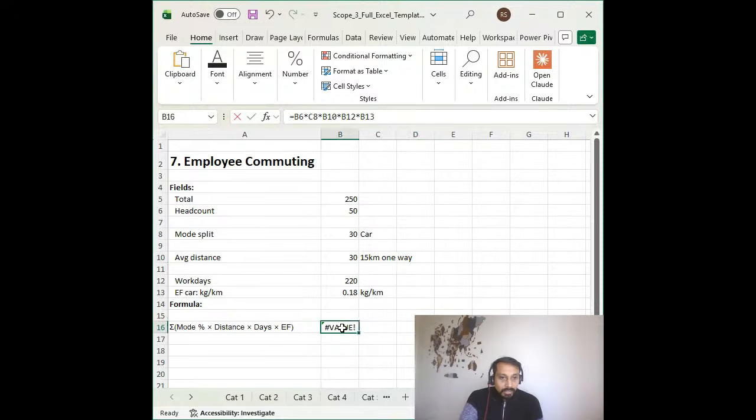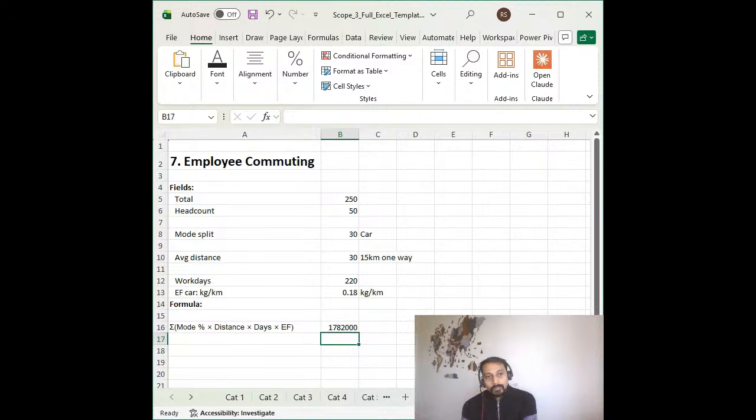So it depends how it comes up through the various situations for various employee commuting.